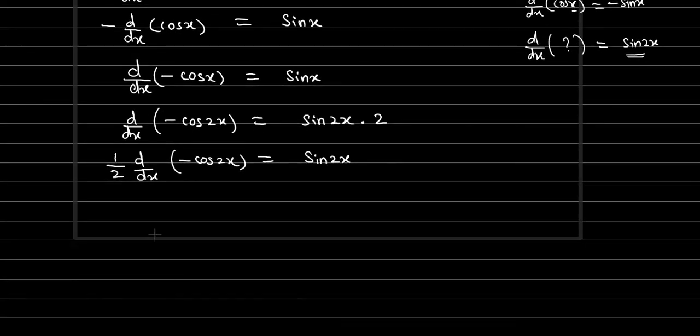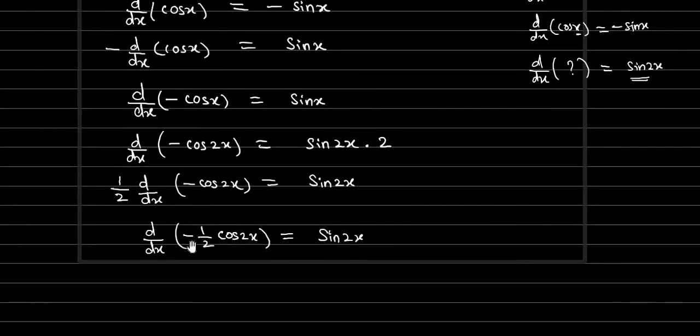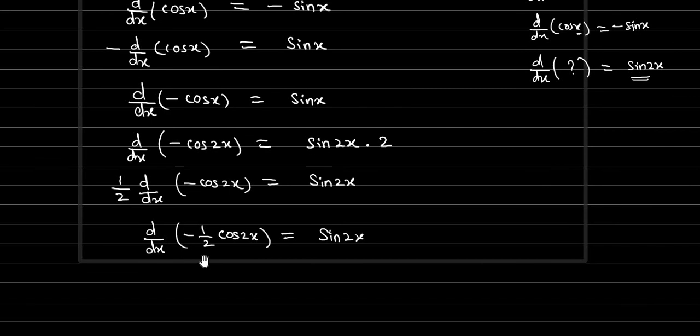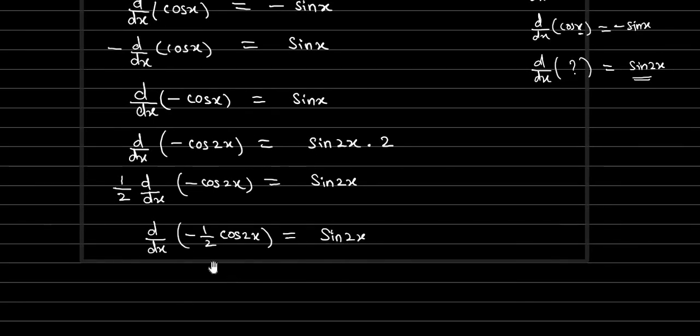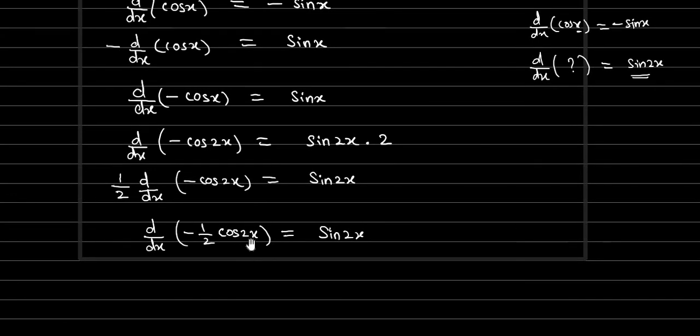D by dx of minus 1 by 2 into cos 2x equals sin 2x. So from the last equation what can we say? Minus 1 by 2 cos 2x differentiation gives sin 2x. So the antiderivative of sin 2x, that is the integral, is minus 1 by 2 cos 2x.